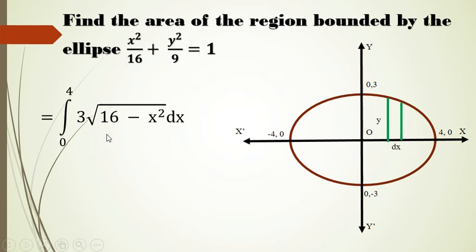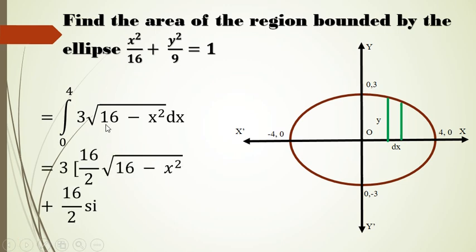Now we find the integration of this part. We put 3 outside. Let's see the next step. Integration of square root of 16 minus x square into dx will be x by 2 times the square root of 16 minus x square, plus 16 by 2 sin inverse x by 4, with lower limit 0 and higher limit 4.